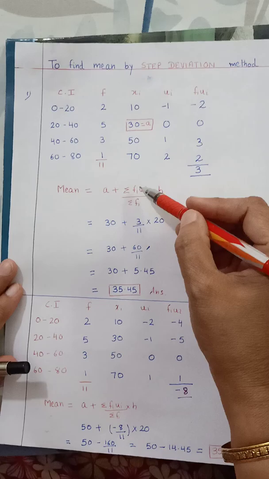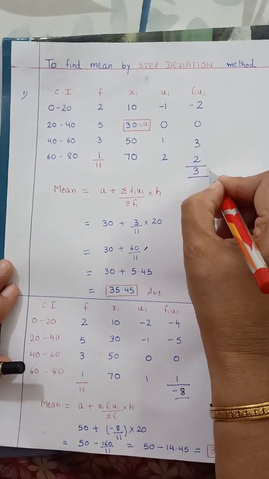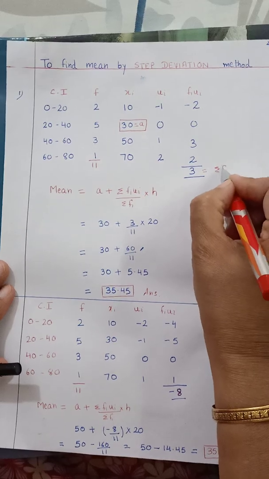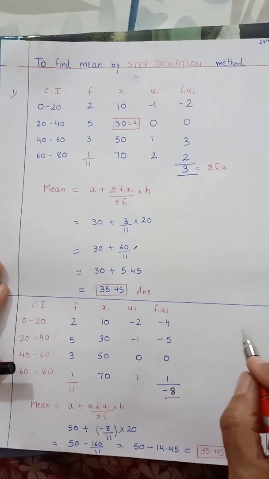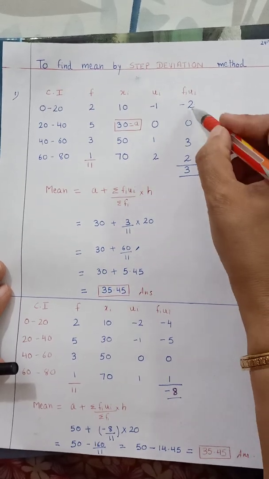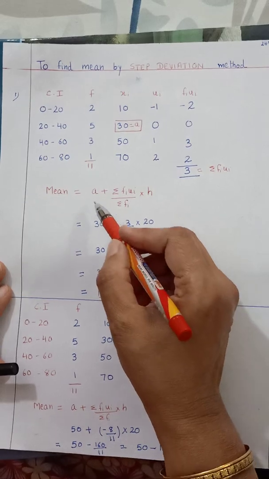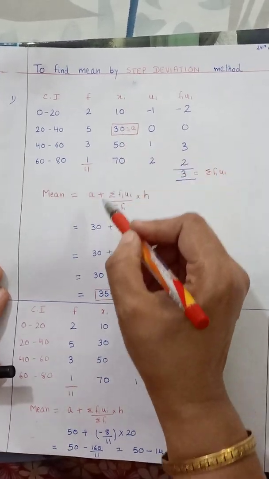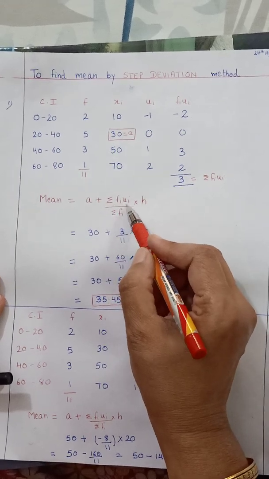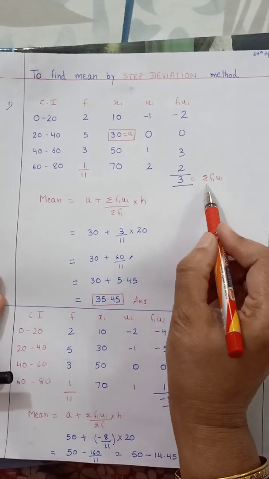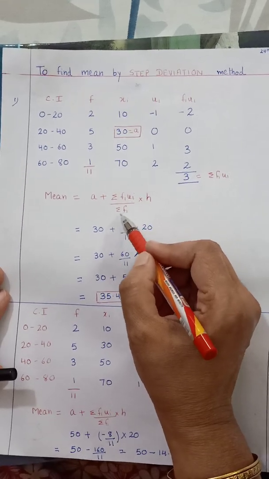Now this is summation Fi ui. I told you summation means add. Add what? Add Fi ui. Now substitute the values. A is already here, 30, plus summation Fi ui. What is summation Fi ui? It is 3. Then sum of the frequency.